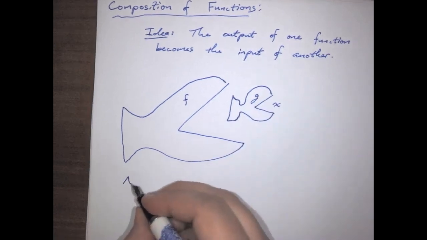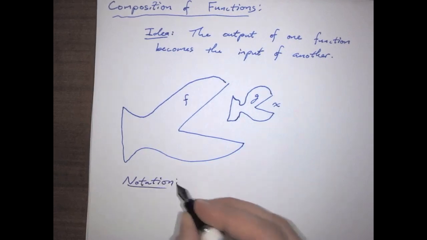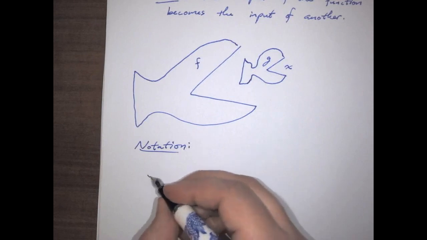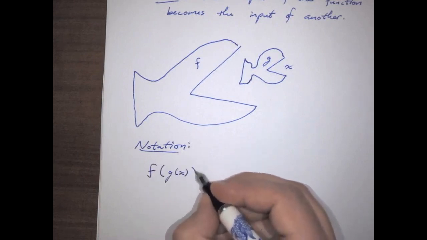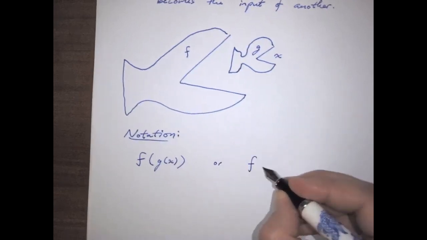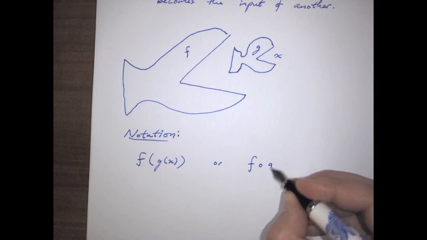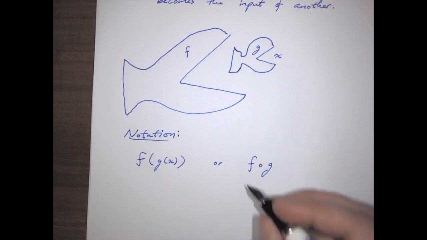So the notation here is we would write f of g of x, or there's another way of writing it, which is f, and then composed with, a symbol slightly smaller than an O, but bigger than a dot. It's like a small circle.